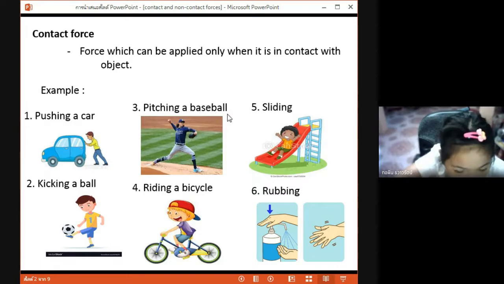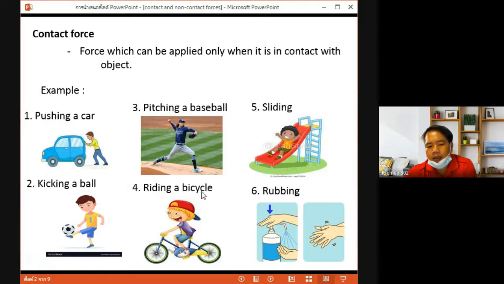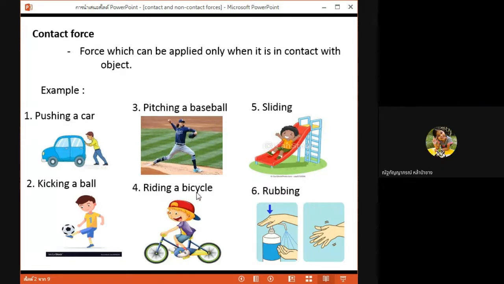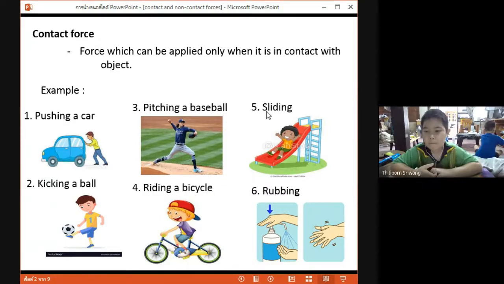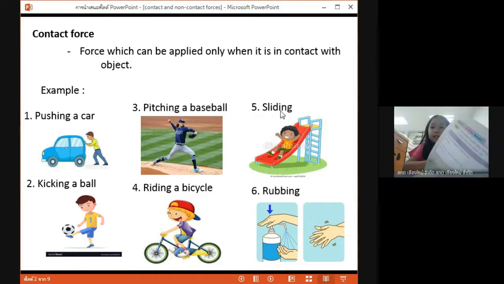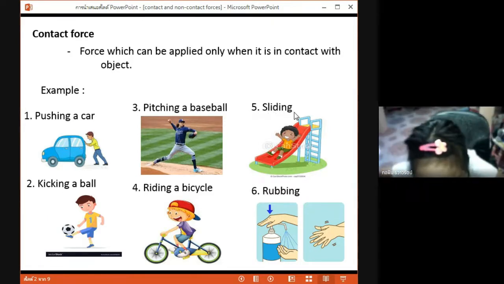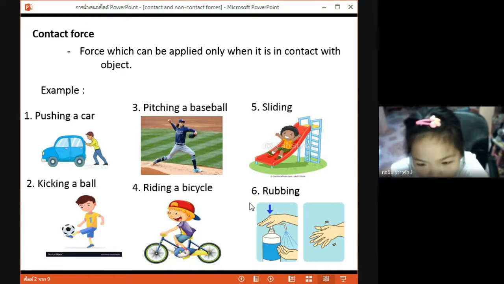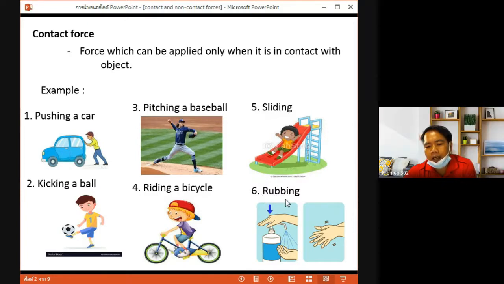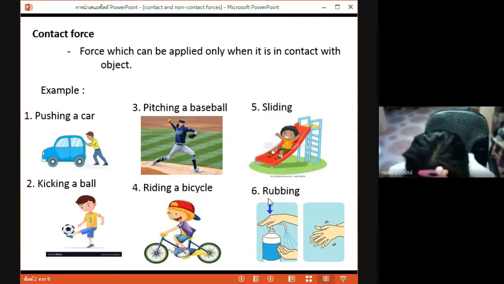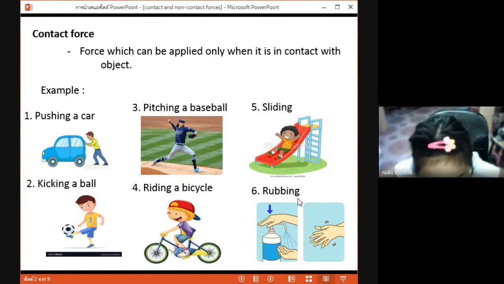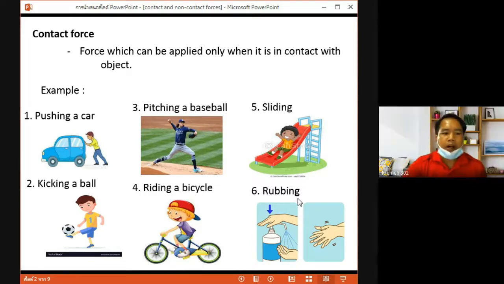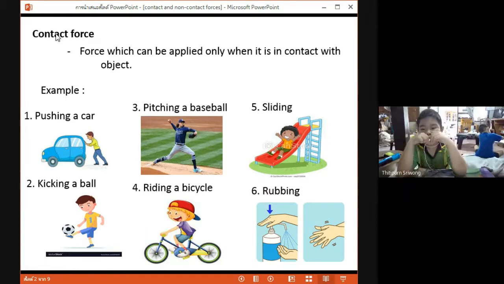Number 4, riding a bicycle. Number 5, sliding. Number 6, rubbing of alcohol. Okay. Remember these examples. You can also think of some examples of contact force.